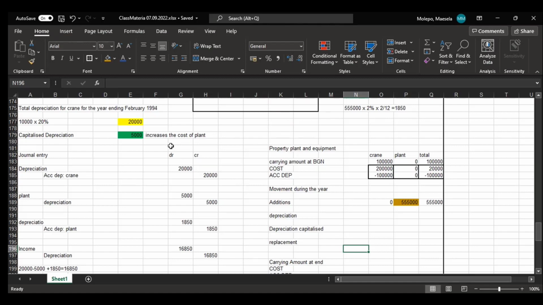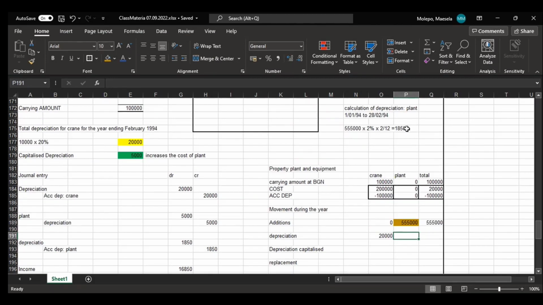So its depreciation will be 20,000. You are happy with that? Yes, I do get you. Okay. So here it will be 20,000. And then the one for plant, it will be the 1850.